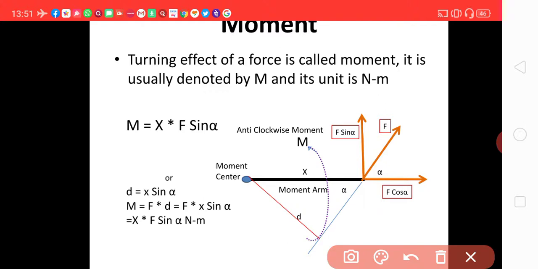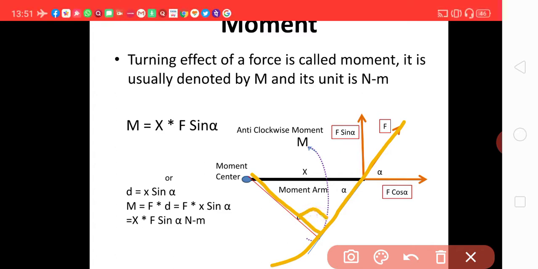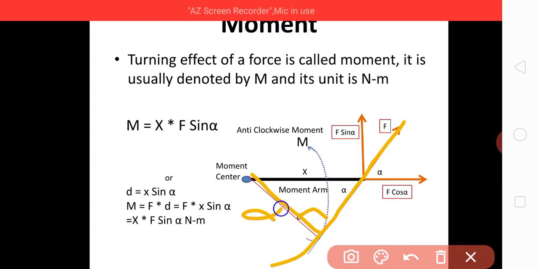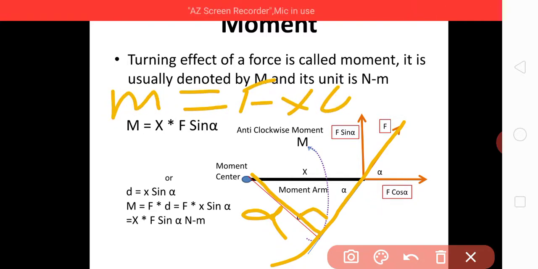So, we just extend this line backward and draw a perpendicular. This is 90 degree. If this is D, then M equal to F into D by definition.